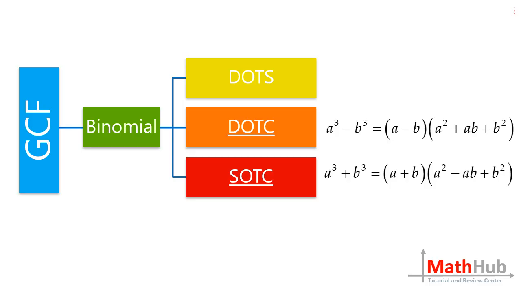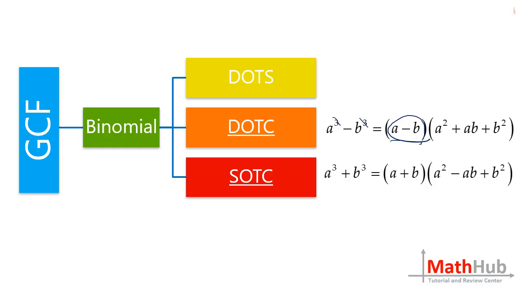If you have difference of two cubes, just like with DOTS, I sort of remove my exponents 3. So I'm left with A minus B. And then I will now look at this factor over here, this A minus B.